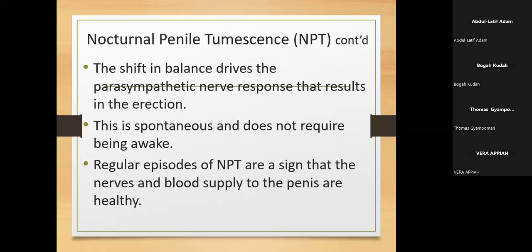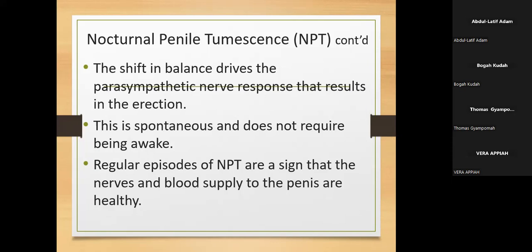Once you sleep and you can have an erection, even unconsciously, it means that the sympathetic, parasympathetic pathway is well under control and the nerves are responding to that phenomenon where nitric oxide will be produced, and then they will cause further muscle relaxation.